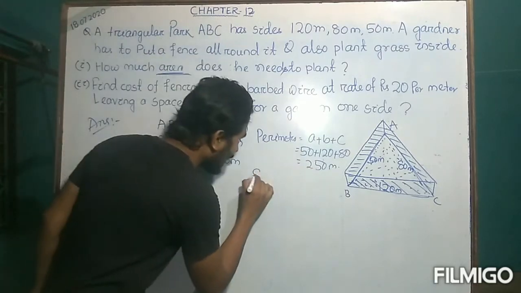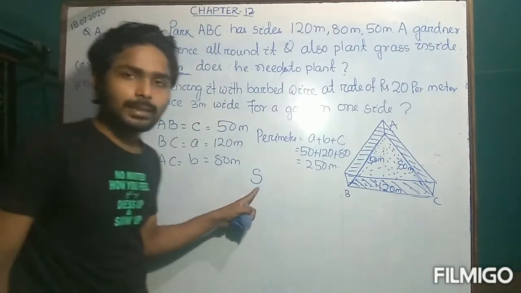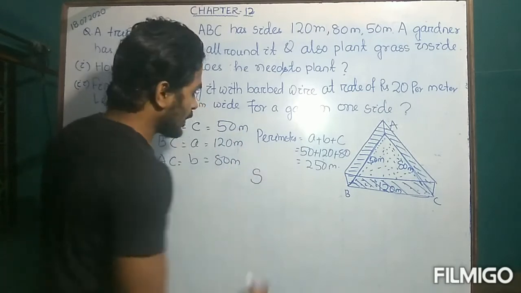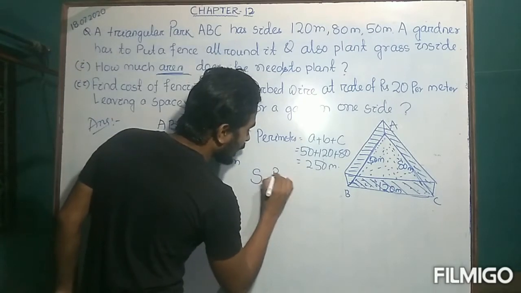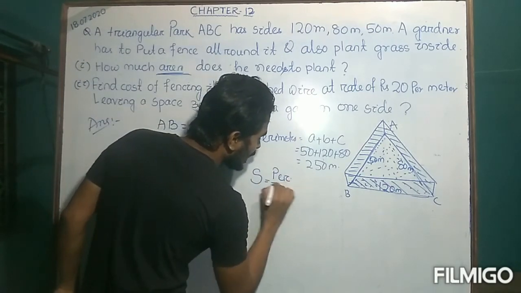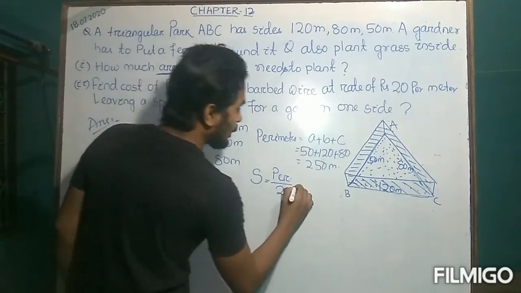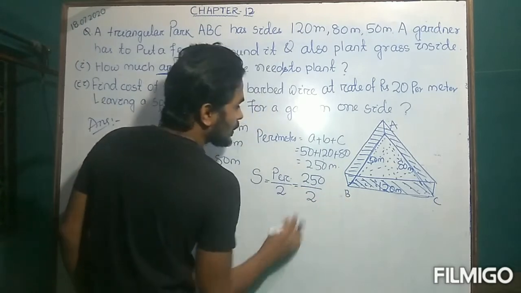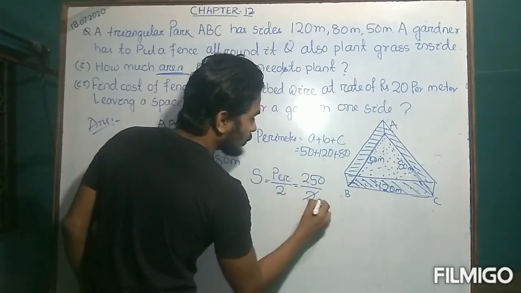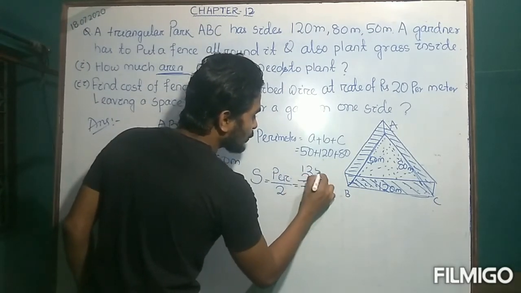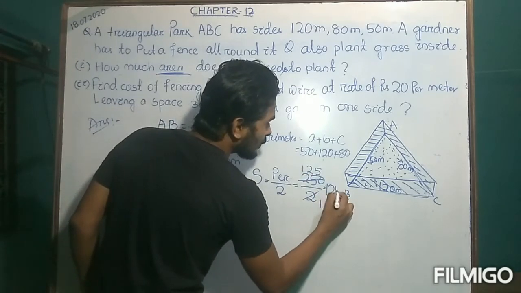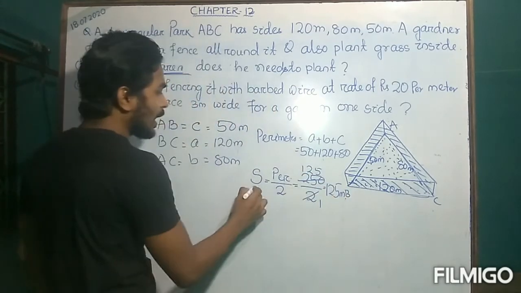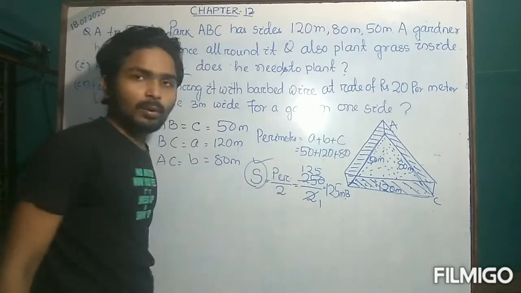Then we need to find s, the semi-perimeter. The semi-perimeter formula is perimeter divided by 2. So 250 by 2 is 125 meter. So s has been found.